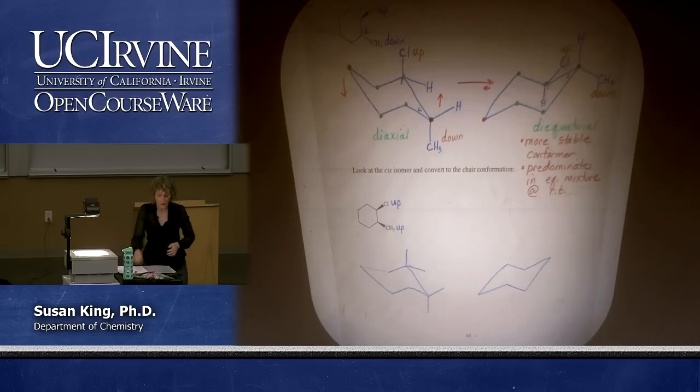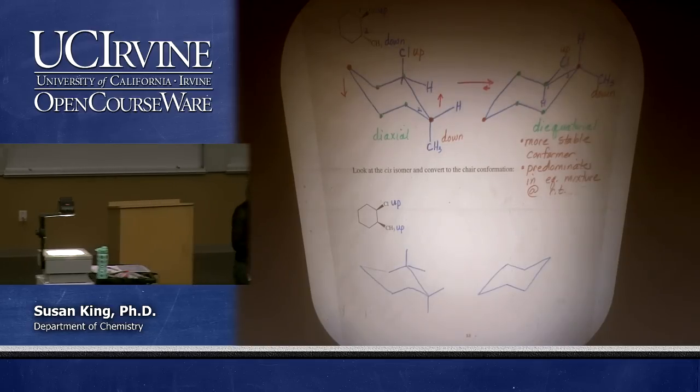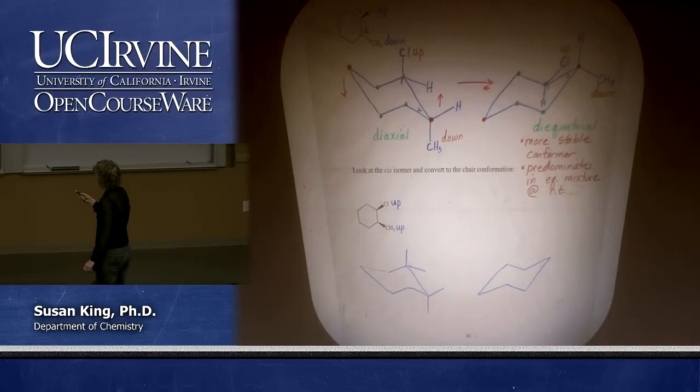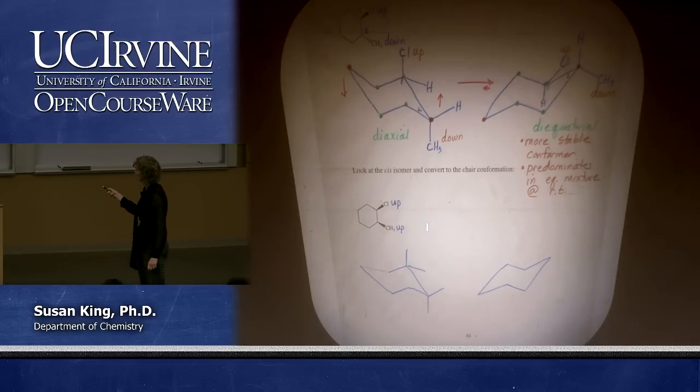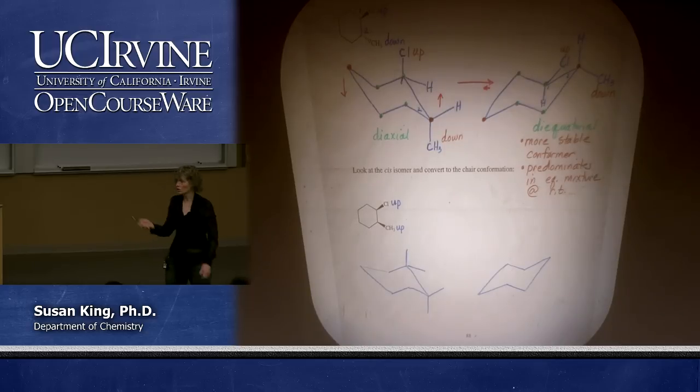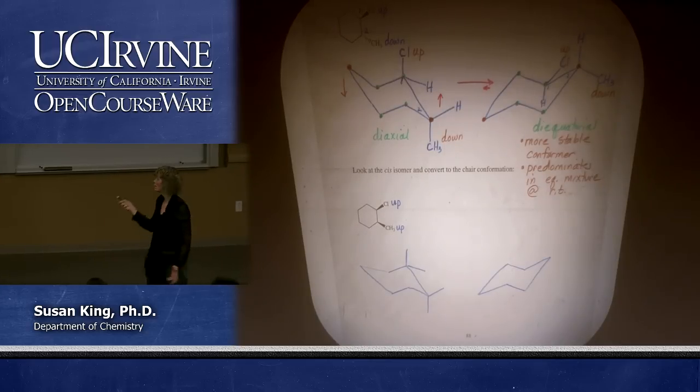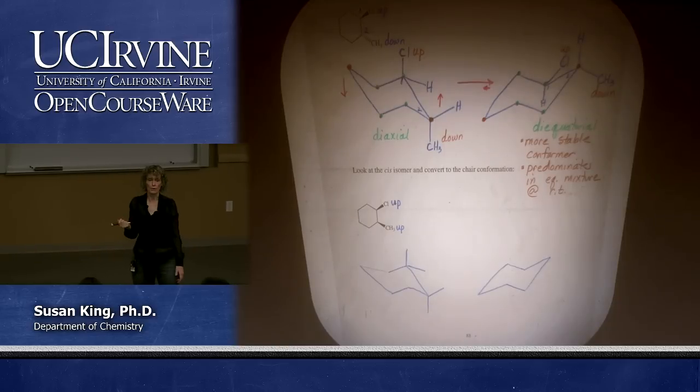Okay? By the way, I want to point something out here I just thought of. This is a perfectly acceptable way to draw this compound with the chlorine wedged and the methyl wedged and leaving the hydrogens off. It's understood that the hydrogen is going back, right? We all understand that? You cannot draw it that way in Sapling.